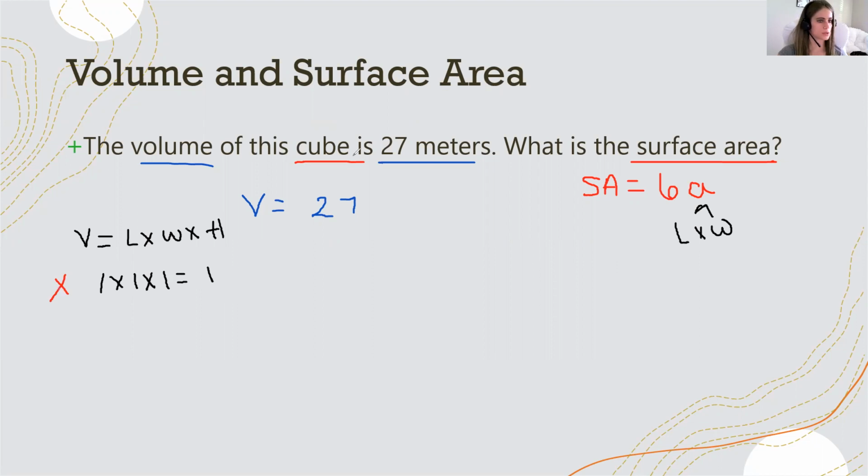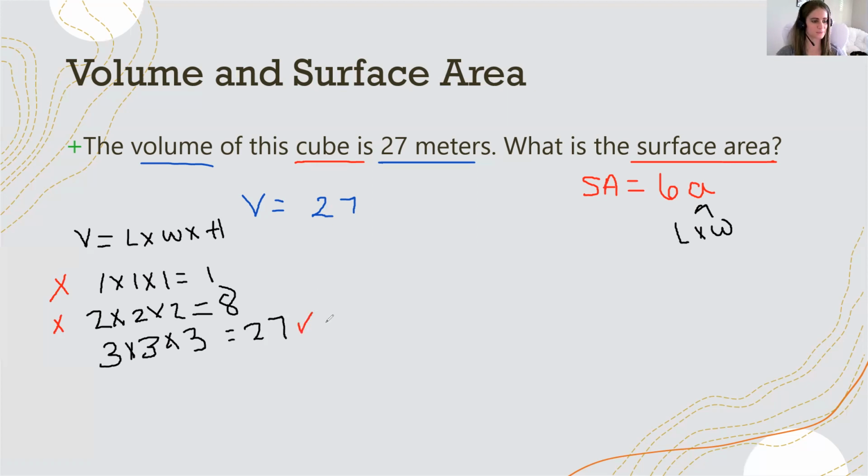If we do 2 times 2 times 2, well, 2 times 2 is 4, 4 times 2 is 8. No, that doesn't work. All right, how about 3? If we do 3 times 3 times 3, well, 3 times 3 is 9, times 3 is 27. Ah, there we go. I solved the mystery.